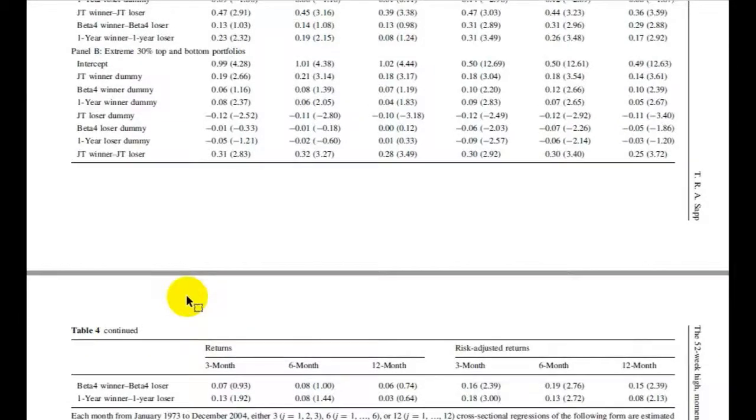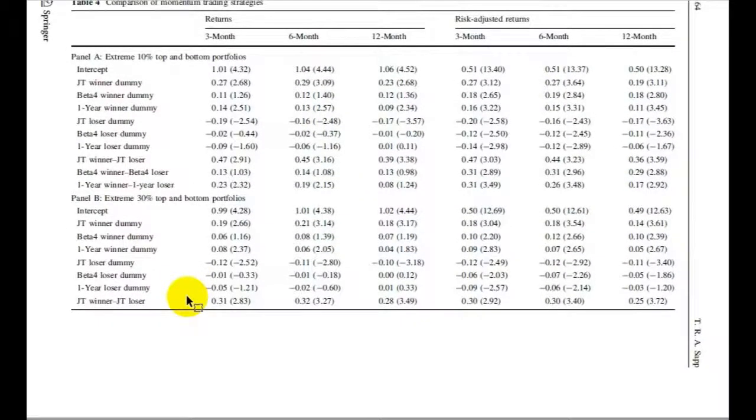And so, as we've seen in the prior tables and figures, the returns to the 30% are a bit lower than the returns in the 10% just because we're using less of an extreme case. As we've seen before, the Jegadeesh-Titman strategy far exceeds the others, although it's a bit less than the returns from the 10%.